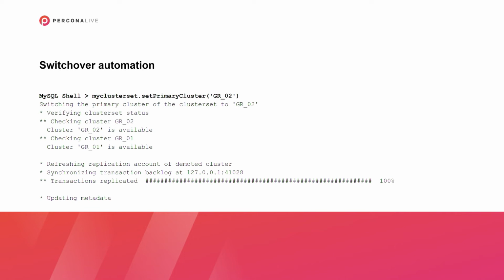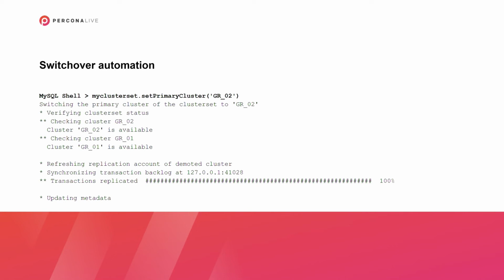On the newly released version 8.0.29, it also added some parameters to configure some timeouts for your switchover. So for example, if you have like a large transaction happening on the primary cluster, it will wait for it to finish before doing the switchover, and there can't be any writes happening on the primary at the time.